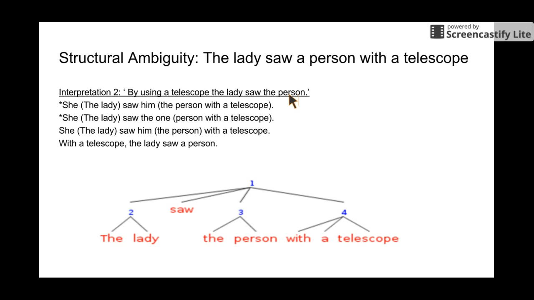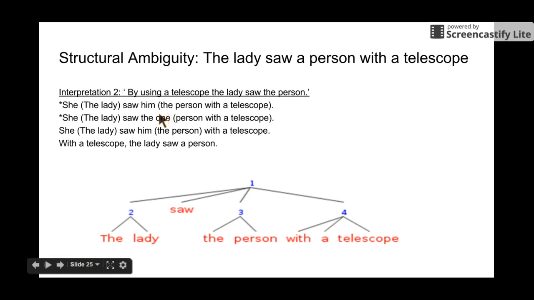Right? Here, with a telescope is modifying the verb saw. Okay, so it means that a person with a telescope is not a constituent with this interpretation, right? So if we group a person with a telescope together, then we will have unacceptable sentences.